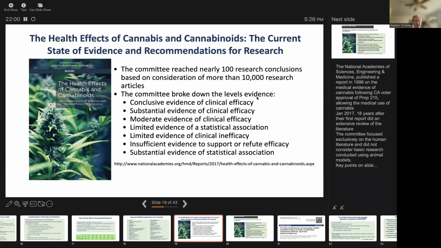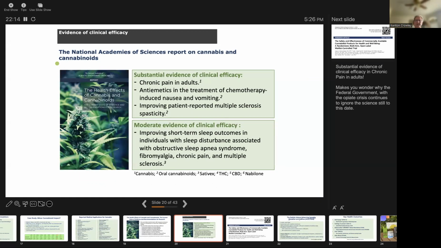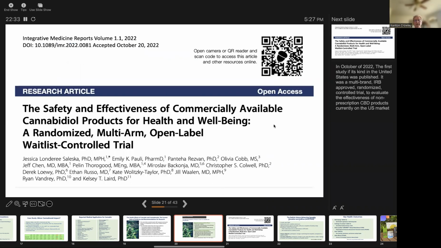They looked at over 10,000 research articles and broke down the levels of evidence based on conclusive and substantial and so forth. What they found is that there was substantial evidence for the clinical efficacy in chronic pain in adults, as antiemetics in the treatment of chemotherapy-induced nausea and vomiting, and improving patient-reported multiple sclerosis and spasticity.